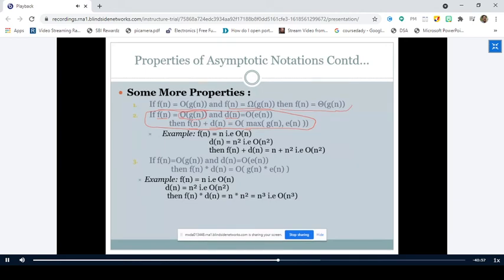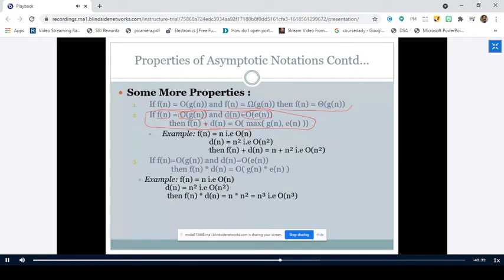What is the time complexity of d of n? Big O of e of n. If I combine f of n and d of n using the plus operator, which complexity do I have to take? I have to take the maximum of g of n and e of n.